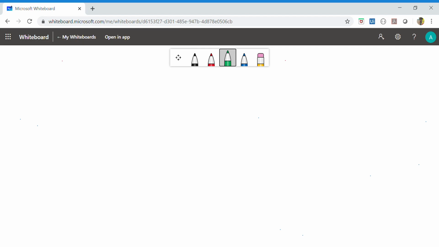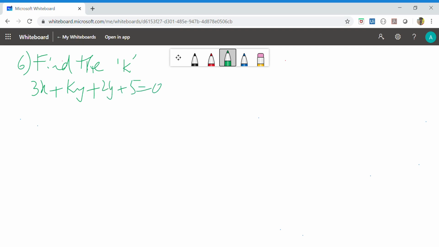Next, sixth question. Find the value of k for the pair of linear equations 3x plus ky plus 2y plus 5 is equal to 0, and one more equation is 6x minus 8y plus 7 is equal to 0.